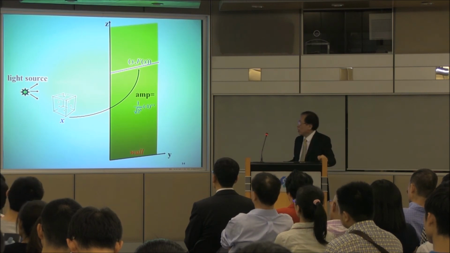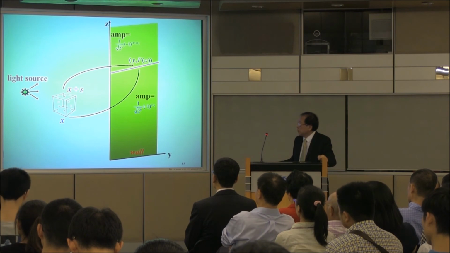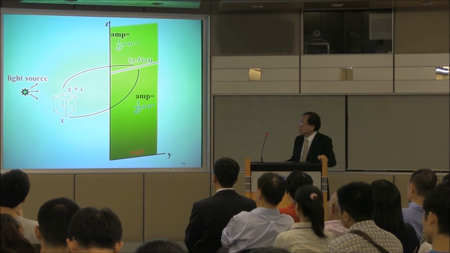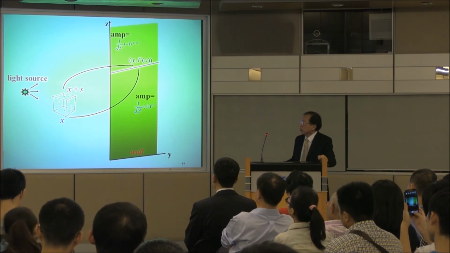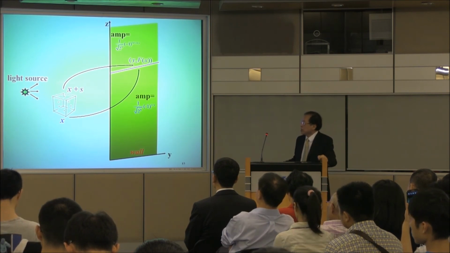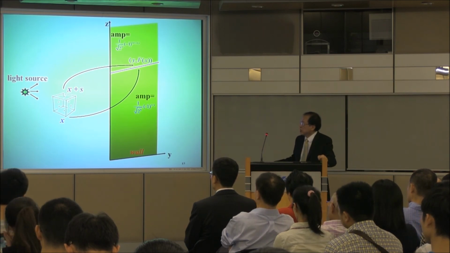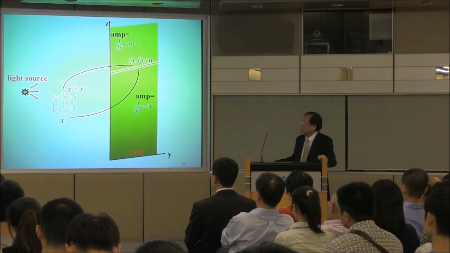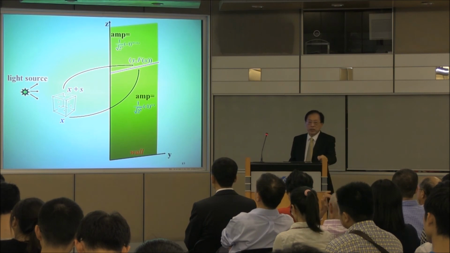Okay, so if you look at the pair of inputs which correspond to the same output in the black box, they are going to travel to the same location. And so light from these two places is going to be able to interfere with each other.